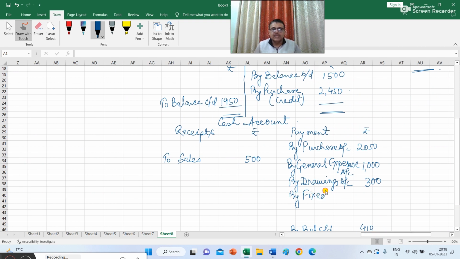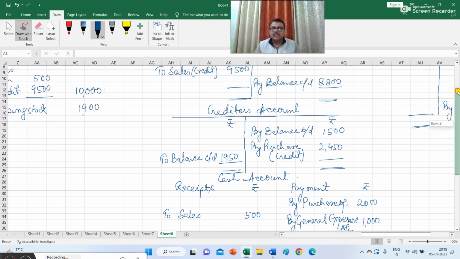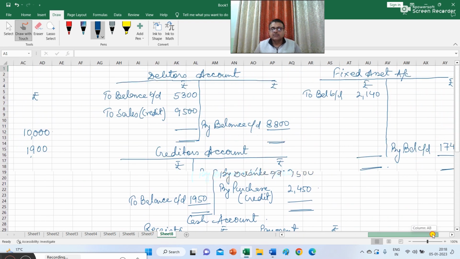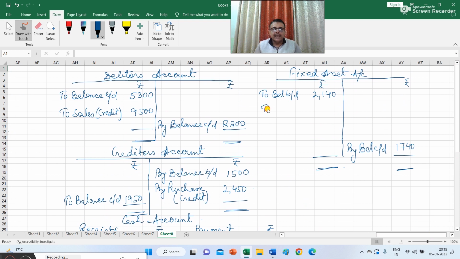In cash account, you can see I am writing by fixed asset account rupees 500, and in fixed asset account I have to record to cash account rupees 500. So this way I have posted the entries given for the transactions of total sales, total purchase, general expense, then drawings and payment of fixed asset.